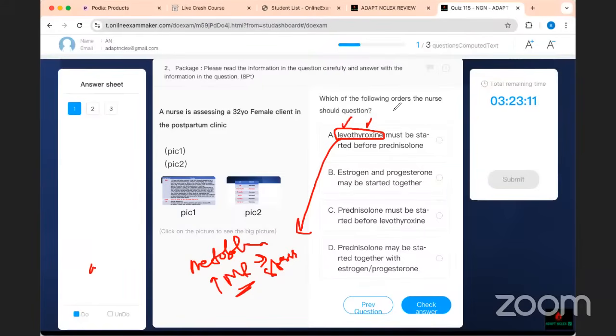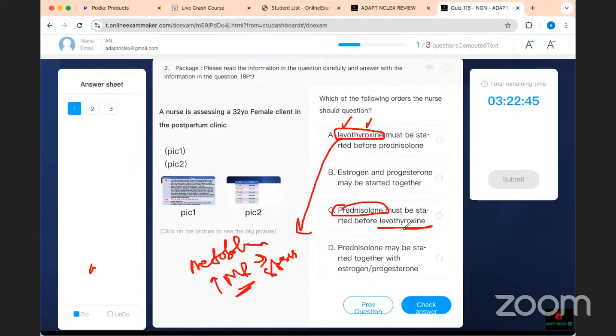And therefore, you should give them steroid first. Give them steroid first. And after a couple of weeks, then you give them levothyroxine. So if you have a patient who has adrenal insufficiency and hypothyroid, you want to give them steroid first because thyroid medication will always stress you.